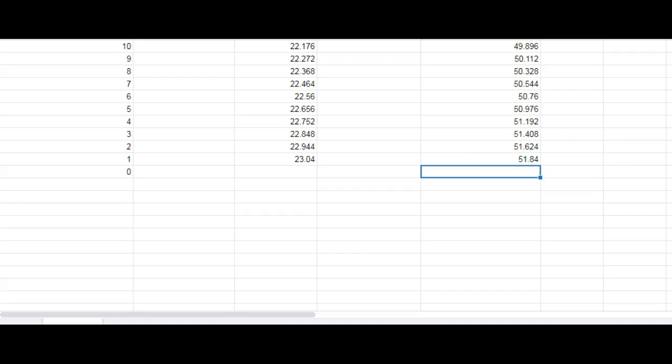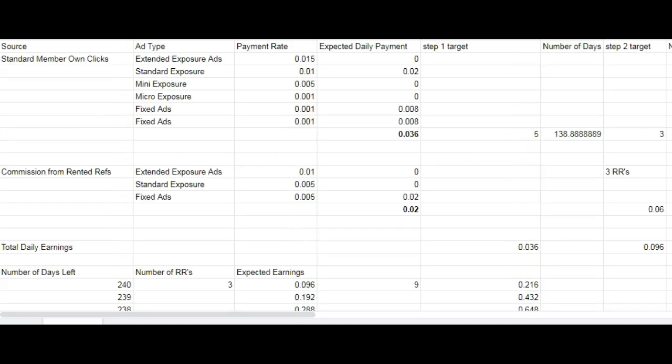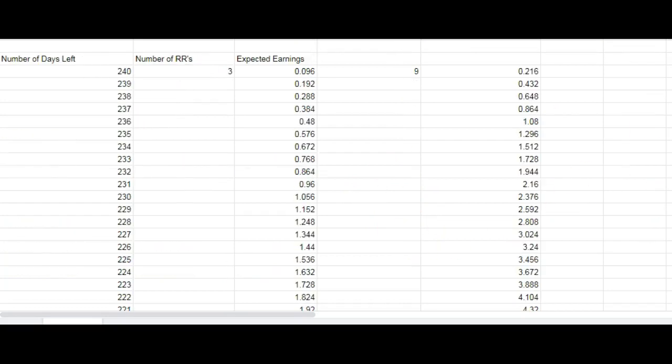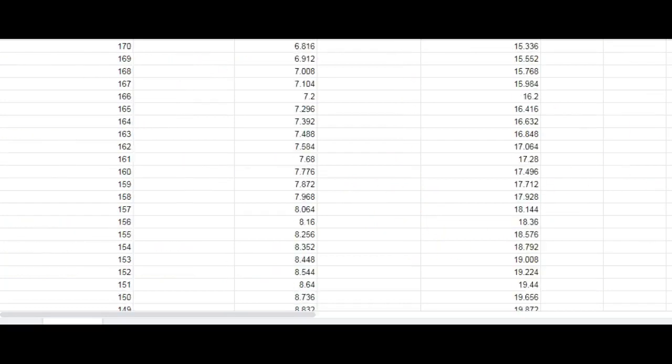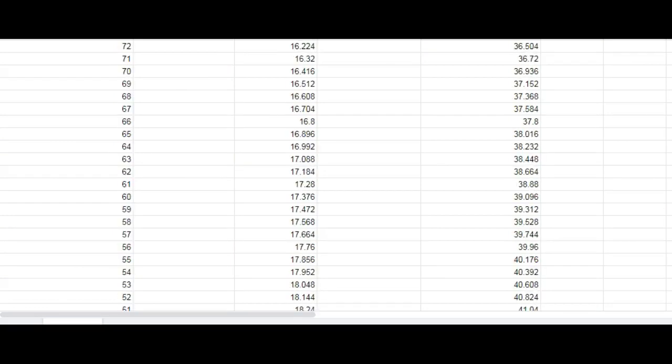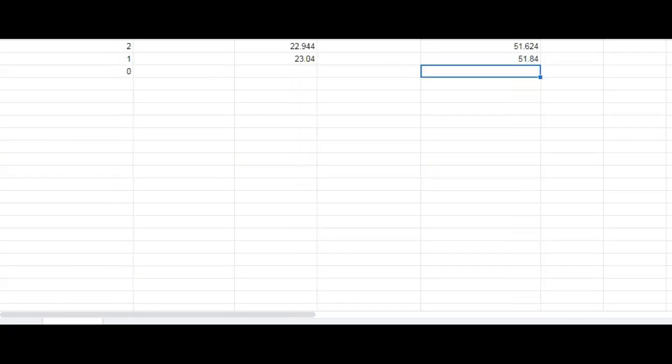As I've shown you, in the amount that I am assuming for each rented referral, I have taken into account days where people are not going to be active as well. So this is reasonably realistic. So it is definitely profitable to add rented referrals.